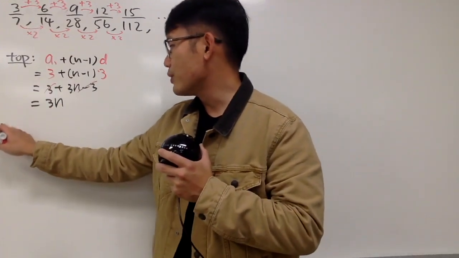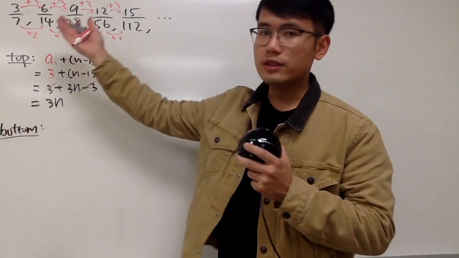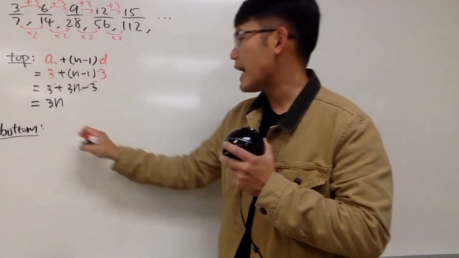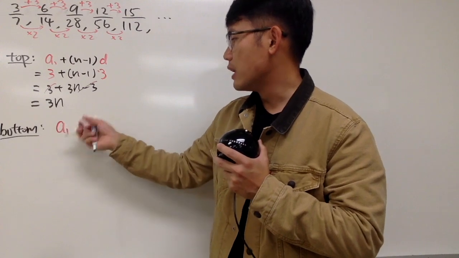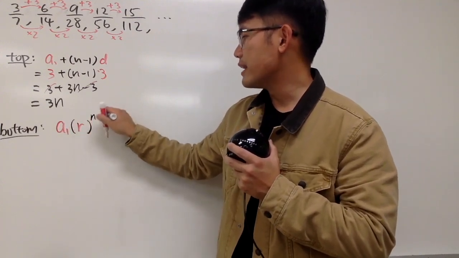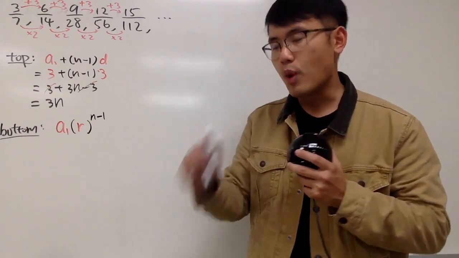And then we are just going to find the formula for the bottom. And we start with 7, 14, 28. That's a geometric sequence. So to do that, we're just going to use a1 times r raised to the n minus 1 power. And keep in mind, all these questions, we start with n equals 1.